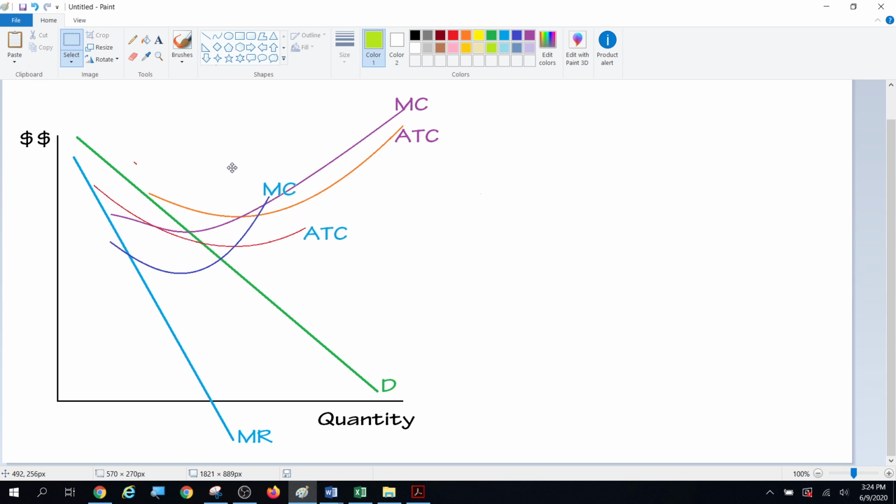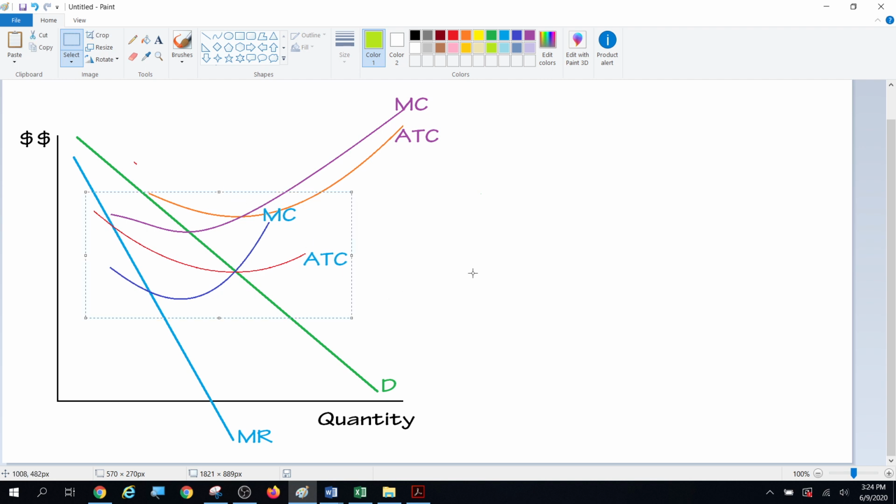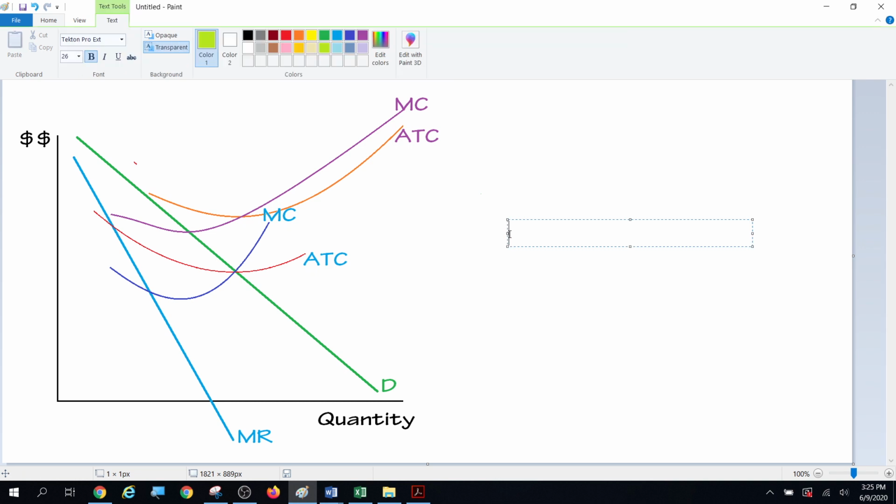But we know that they were profitable, and so what we're going to do is indicate something along this line. I think this will work very nicely. Okay, so at that point, to find out how profitable they were, we're going to find where MR equals MC.